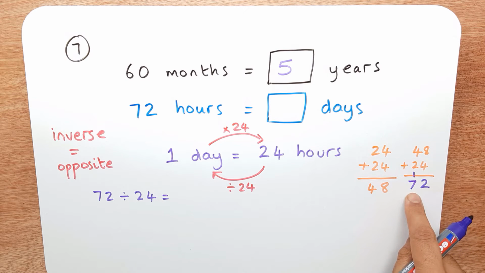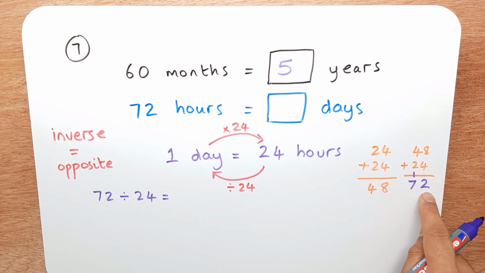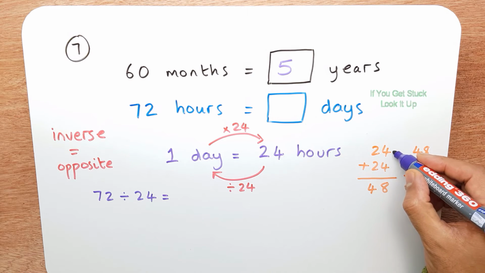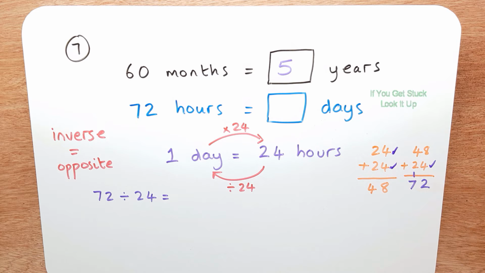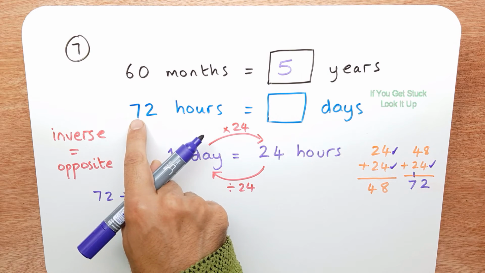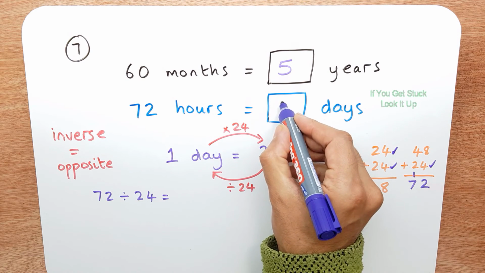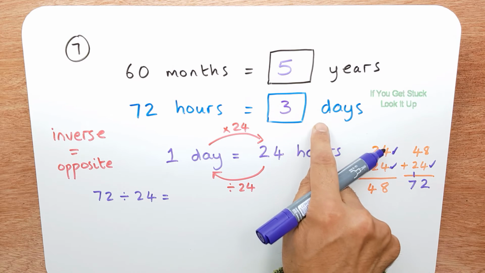So I've reached 72, which is the number I wanted. Now how many 24s have I added? 1, 2, 3. So 72 hours is equal to 3 days.